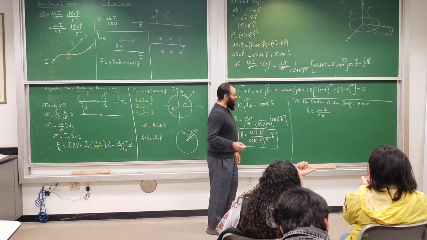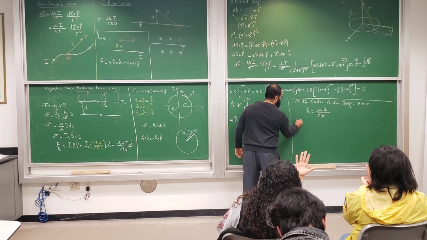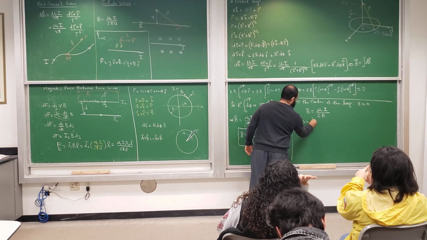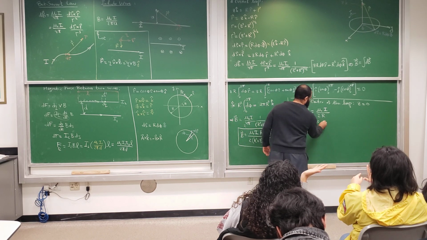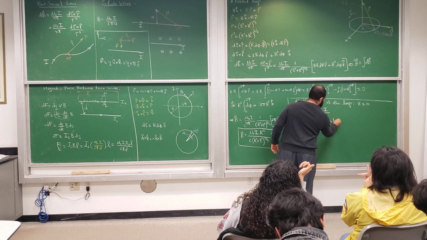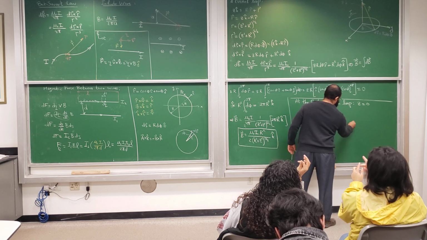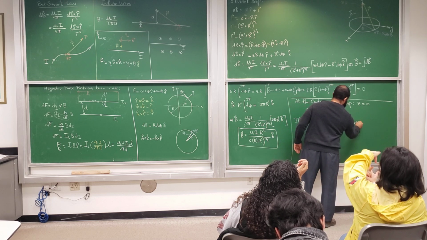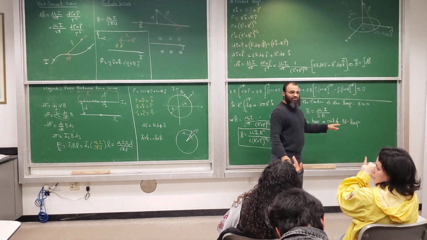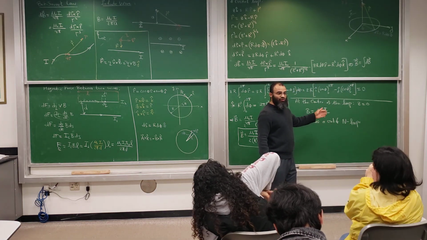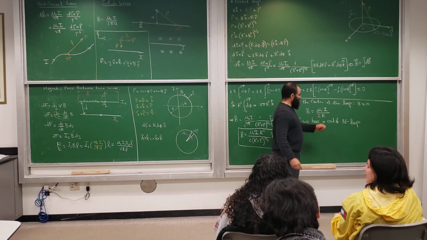So if I have a coil, let's say you have n loops, maybe 2 or 3 or 7.